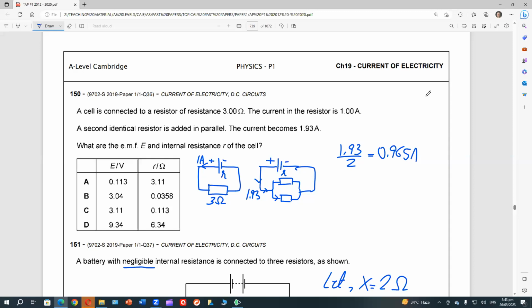Now we have the data, so we can work it out. E is equal to I R plus I r. This is the first equation.